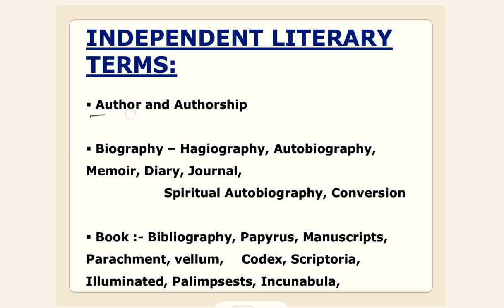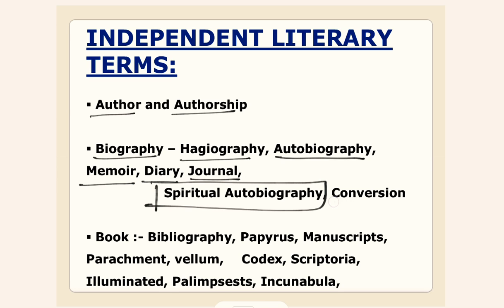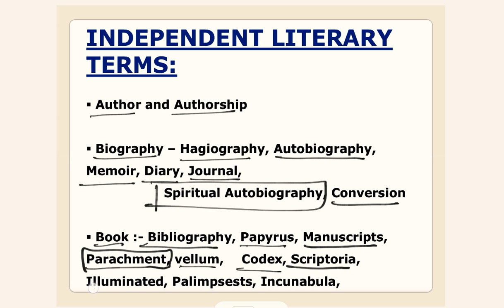So, like author and authorship, biography, hagiography, autobiography, memoir, diary, journal, and spiritual autobiography, conversion. Book terms like bibliography, papyrus, manuscripts, parchment. Please remember this one: parchment, vellum, codex, scriptoria, illuminated, palimpsest, incunabula. Look at the word incunabula.